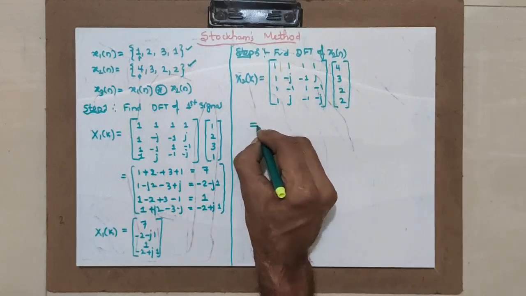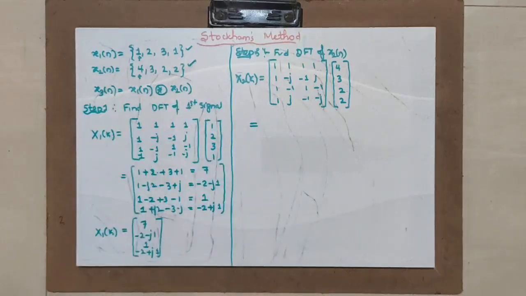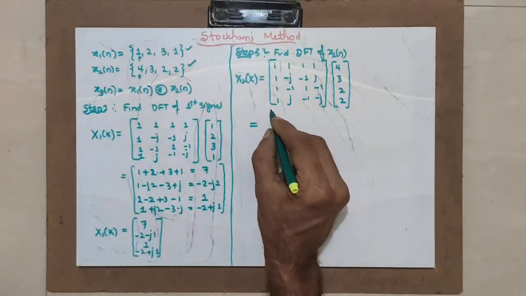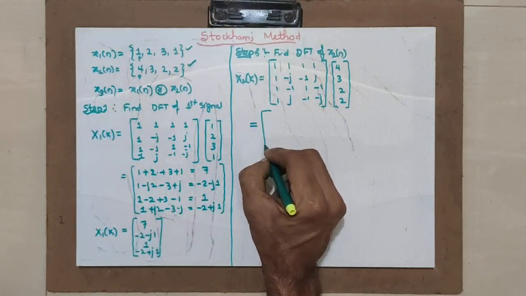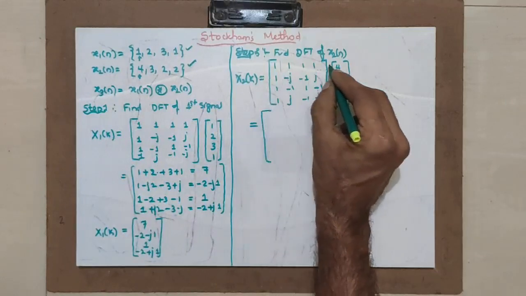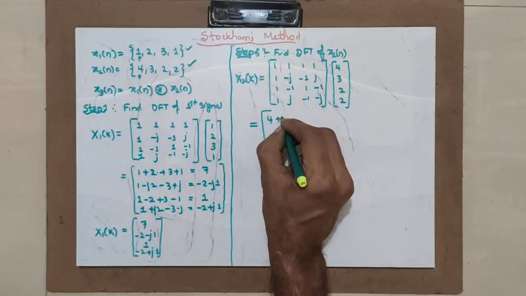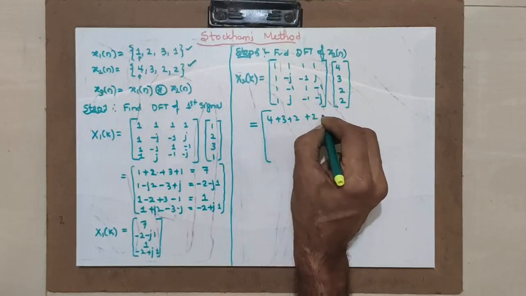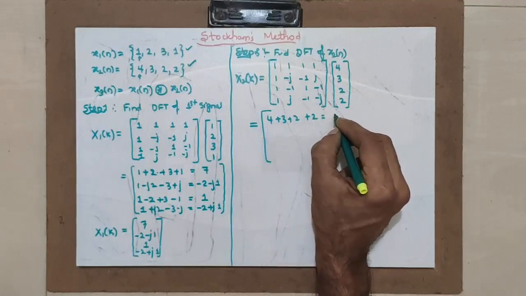Multiply these two and you will get the answer. First row, first column: 4 plus 3 plus 2 plus 2, this is 11, correct?